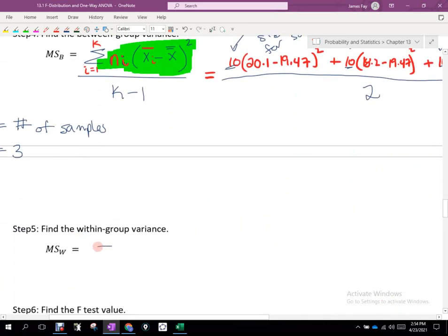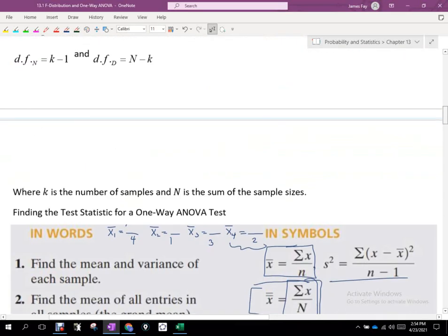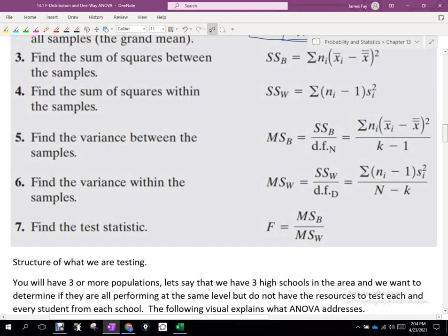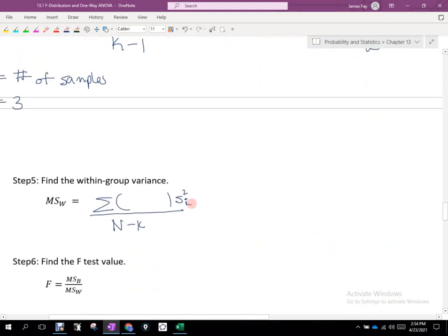Okay, so the sum, i, and what was in the parentheses? Trouble remembering it. n sub i minus 1.